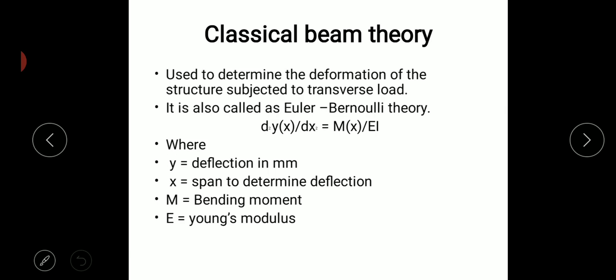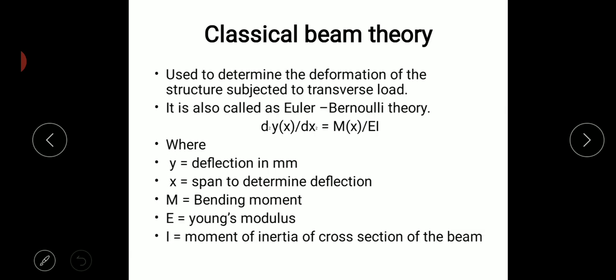I repeat it once again: in this case the structure is considered to be homogeneous, made of a single material throughout. Therefore the Young's modulus remains constant here. I is the moment of inertia for the cross section of the beam.